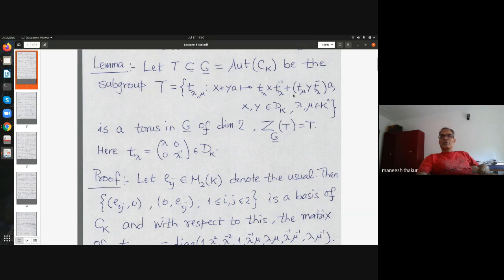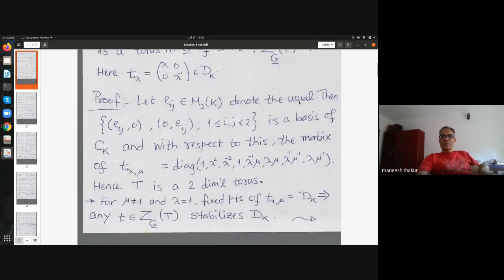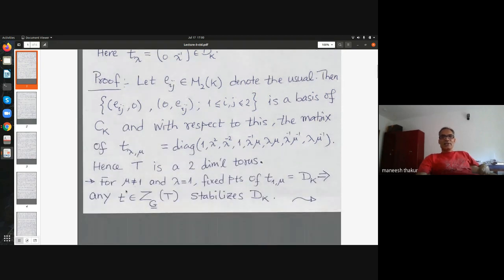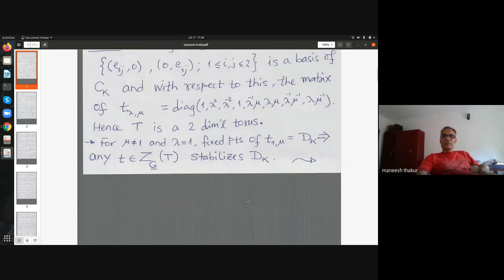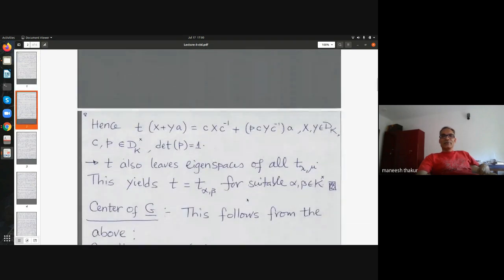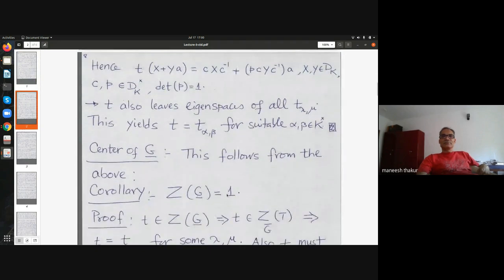So the fixed points of this will be precisely the first factor. The second factors will not be fixed. So that says that any centralizer element maps the first summand to itself. And that tells me already that it looks like this. Any centralizer element therefore must look like x plus y a goes to C x C inverse plus and so on.